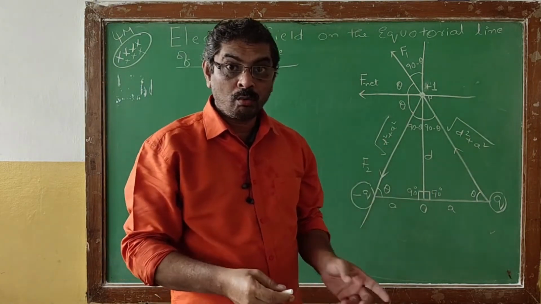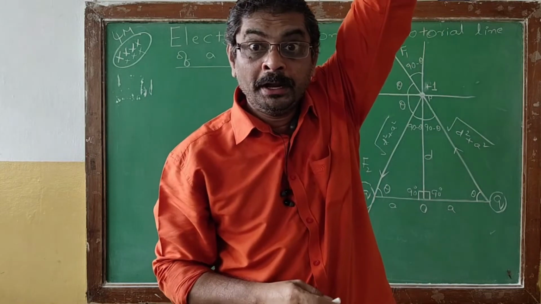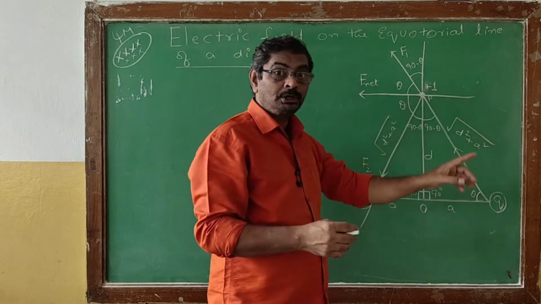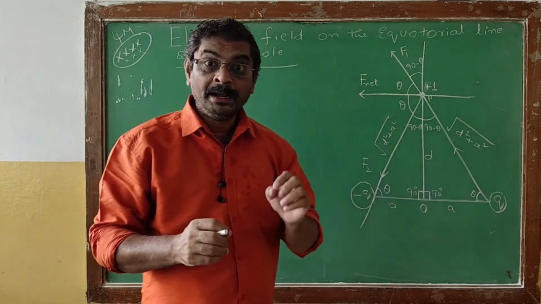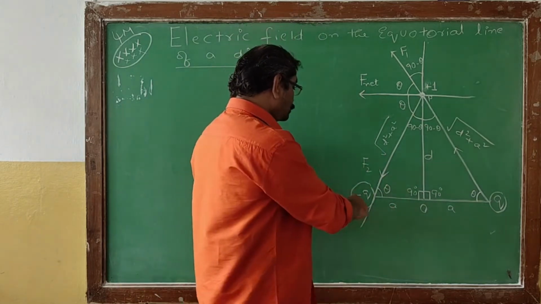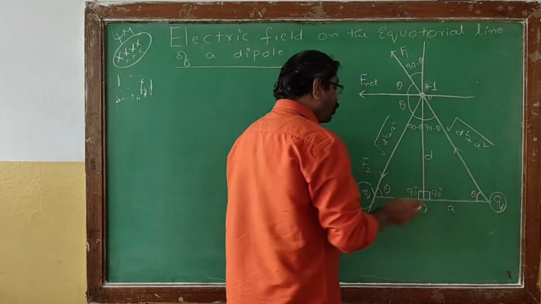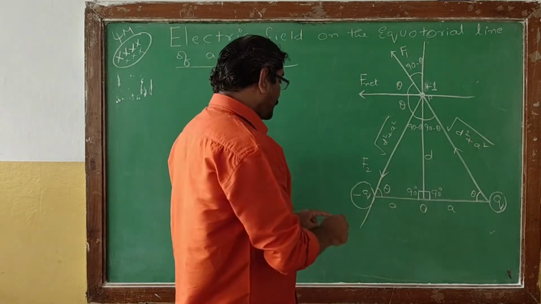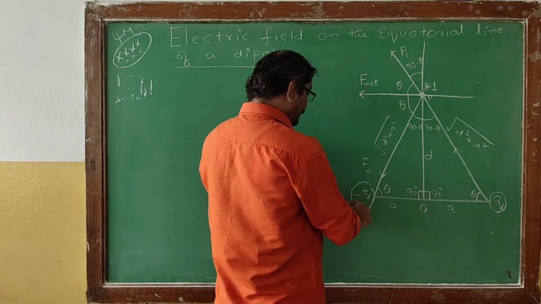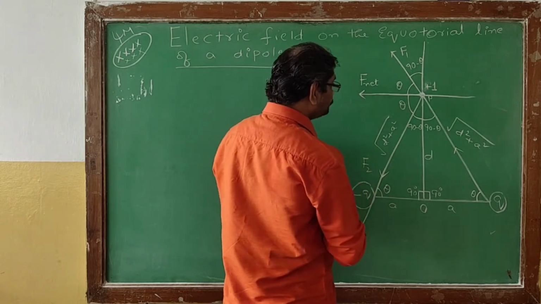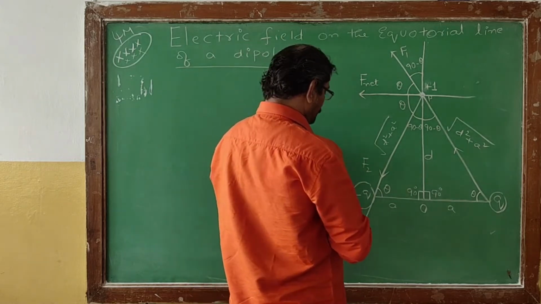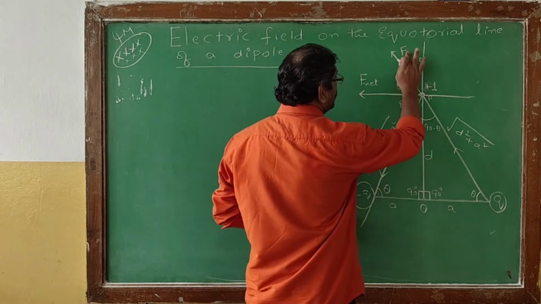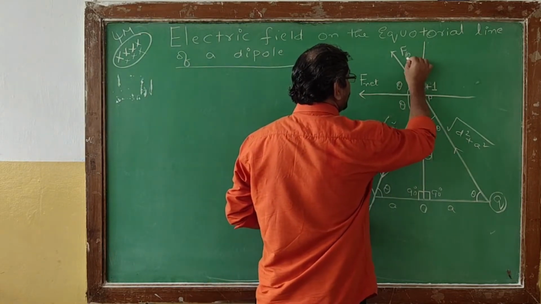Now let us see what is going to happen to the unit positive charge due to the two charges of the electric dipole. Let us call one force F1 and the other F2.